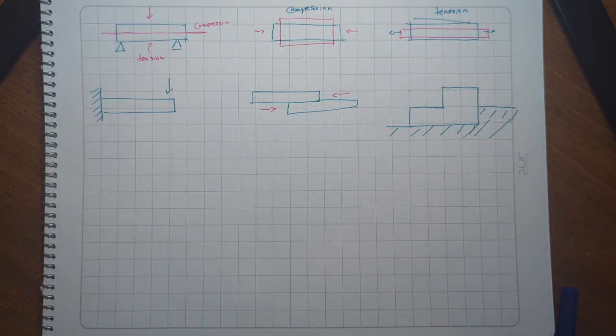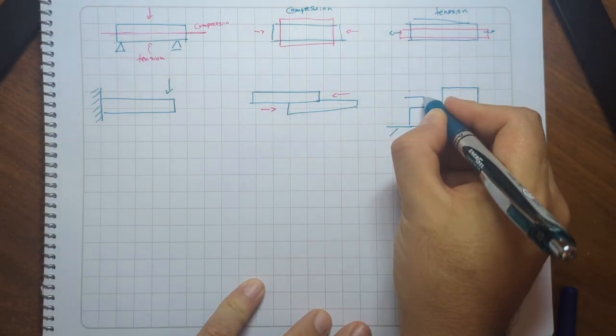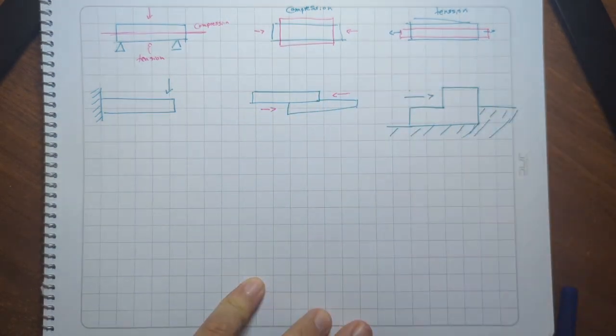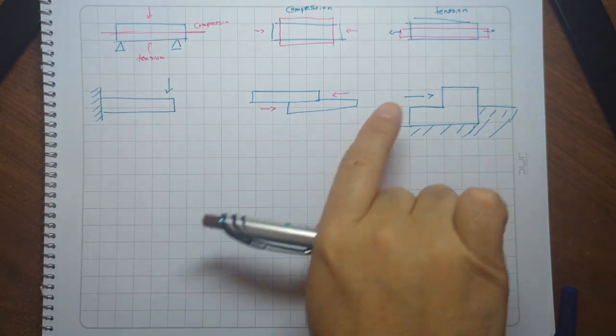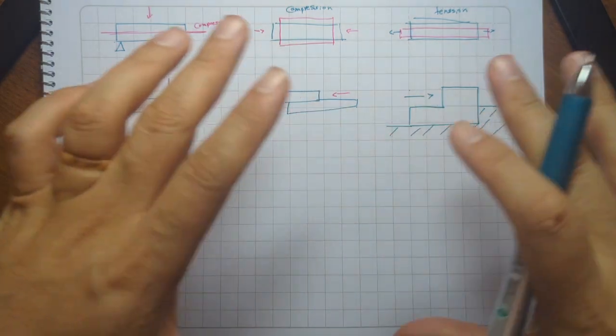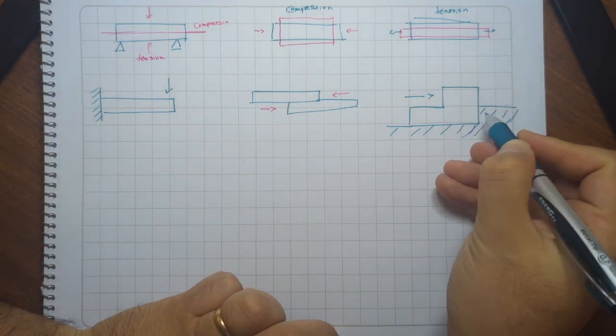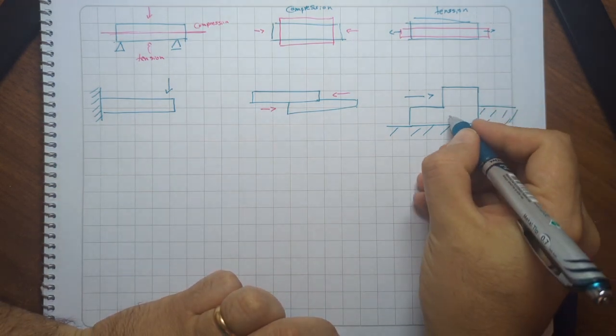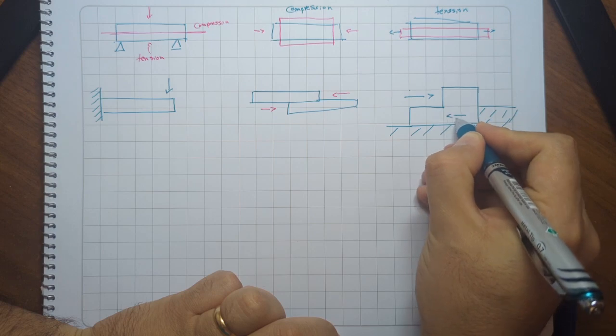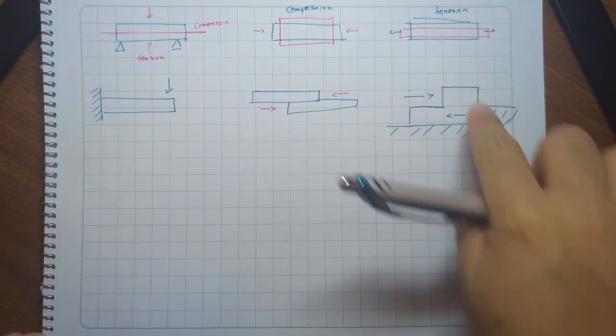If there is a force in this way, because it is in equilibrium and we want to maintain the equilibrium, the object produces the force in this way as well. So this is the shear stress.